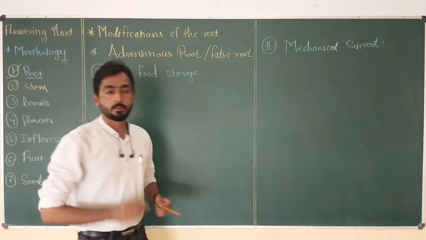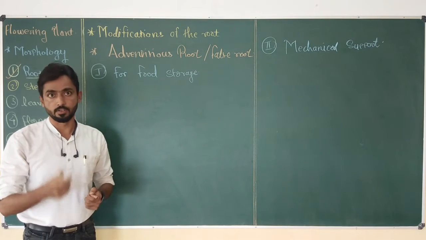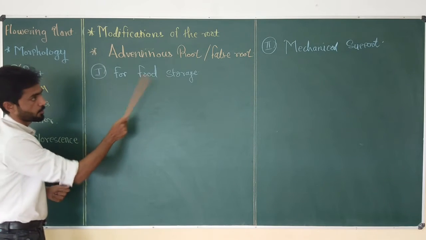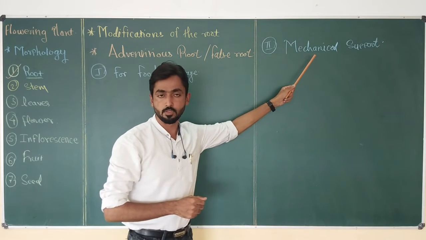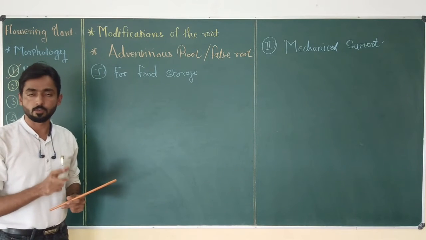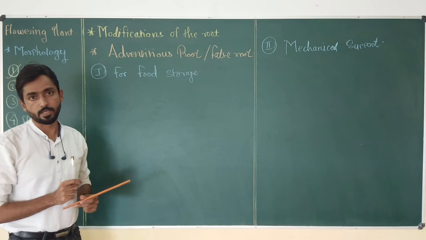While number three, modifications for special functions. In this video, we are going to only focus on modification for food storage and modification for the mechanical support. While in my next video, I'm going to talk about modifications of the adventitious root for performing special functions.